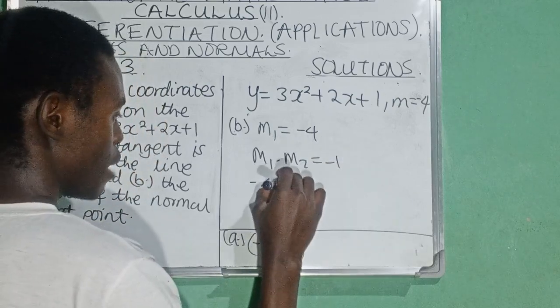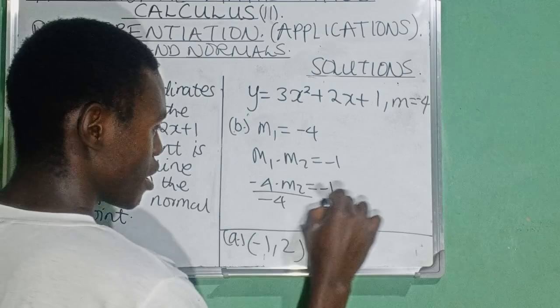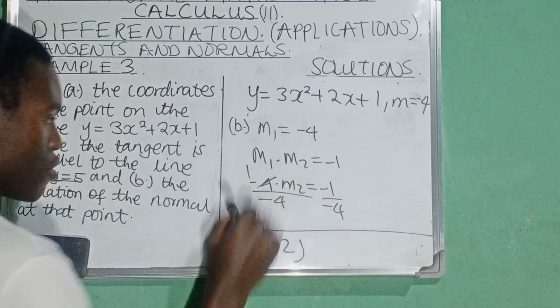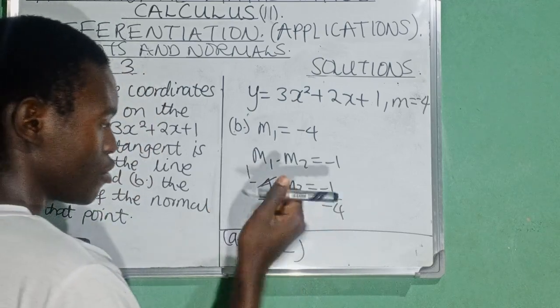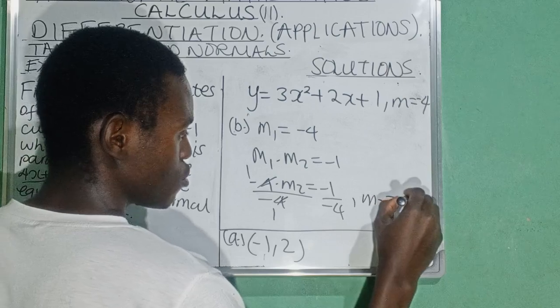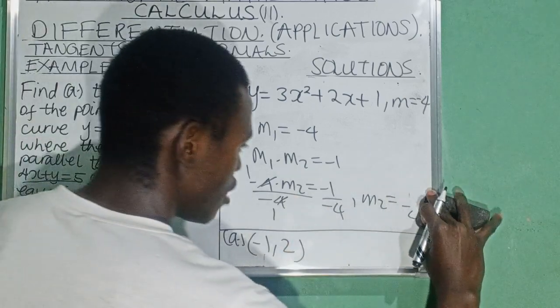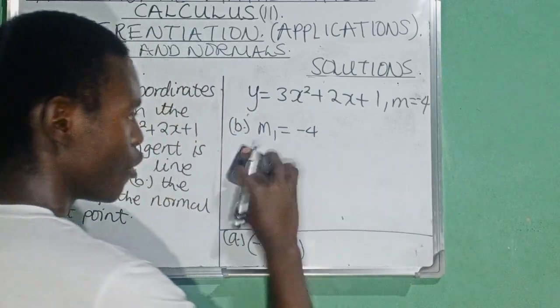Then negative 4 times m2 is equal to negative 1. We divide both sides by negative 4. Negative 4 can go into itself 1, into negative 4, again 1. And then you're going to have m2 is equal to 1 over 4. So that's your second gradient.